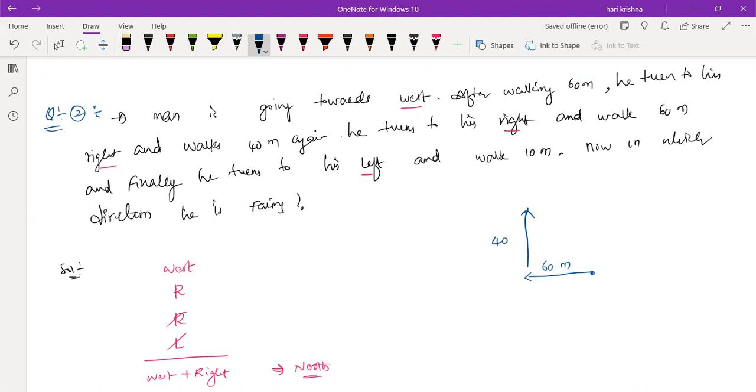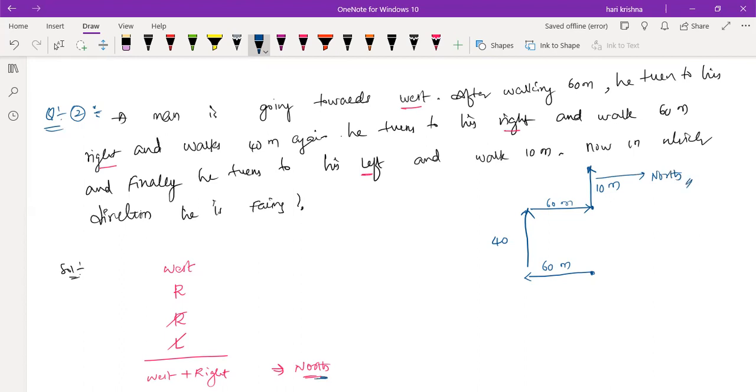He turns to his right and walks 60 meters again. Again came here, that is 60 meters. Finally, he turns to his left. From here, left means this one, and walks 10 meters. So what is the direction here now? It is north only, right? The final direction.